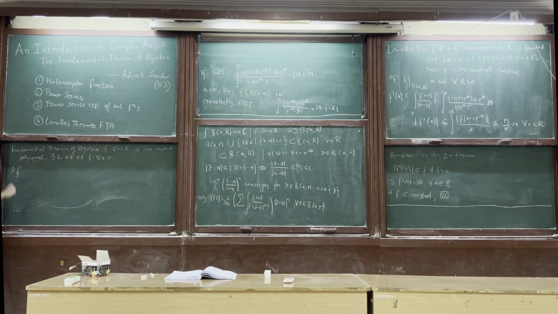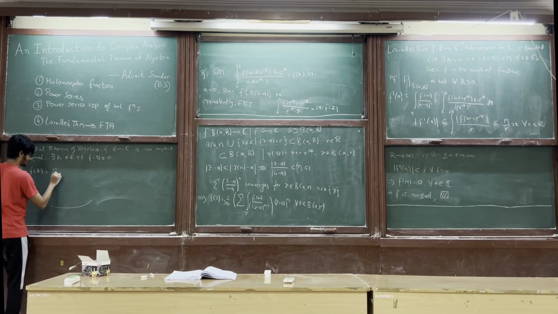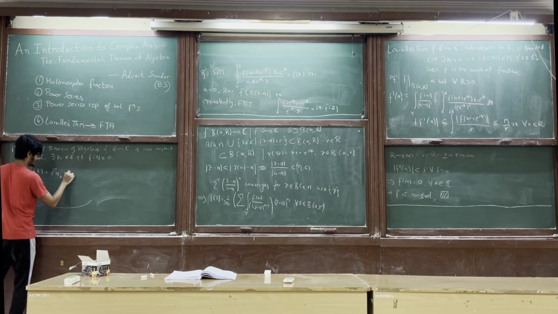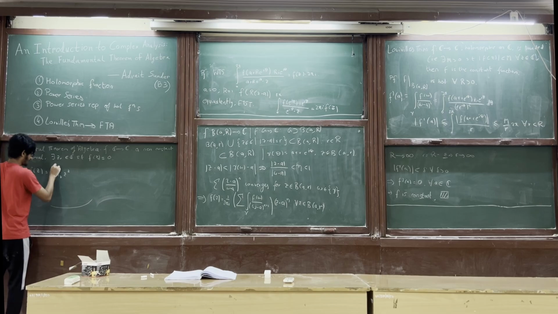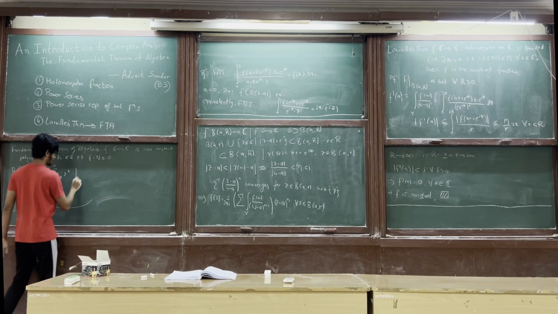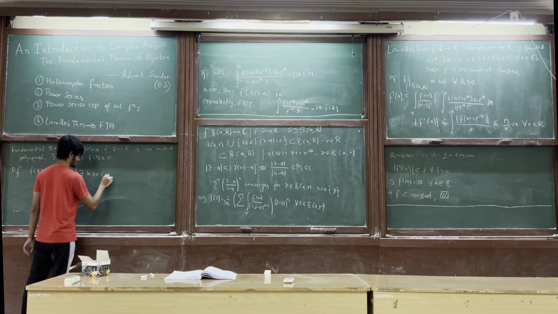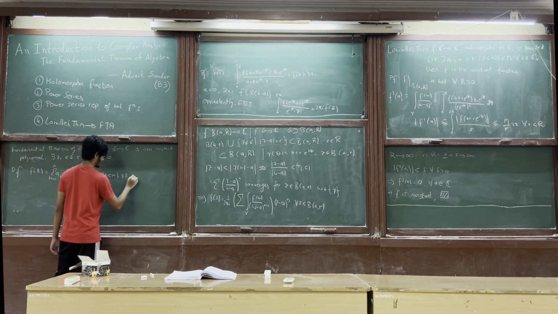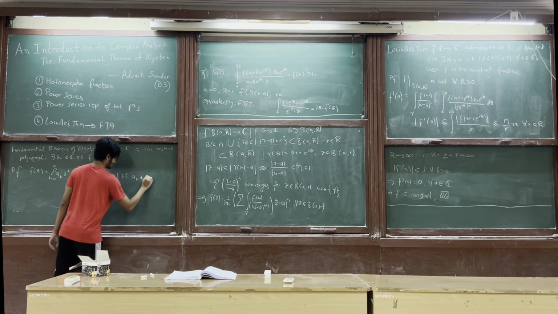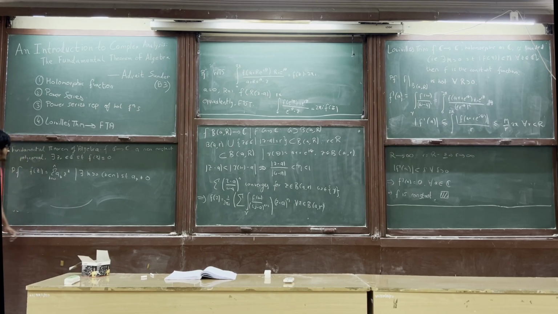And just to prove this, we can write f of z to be the sum of a_k z to the power k, with k going from 0 to n, and since it's non-constant, we know that there exists some k strictly greater than 0, at most n, such that a_k is non-zero.